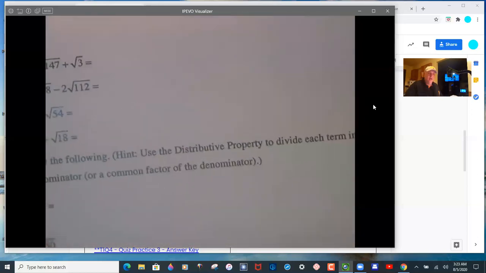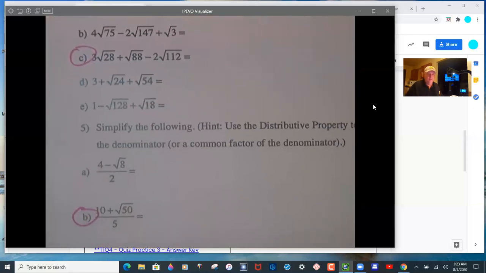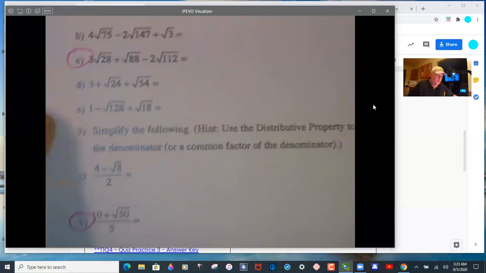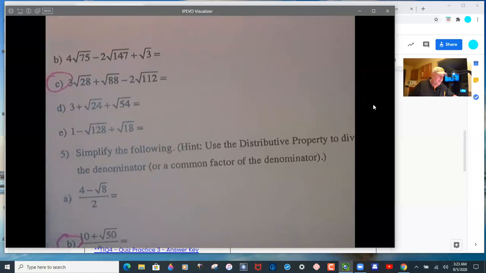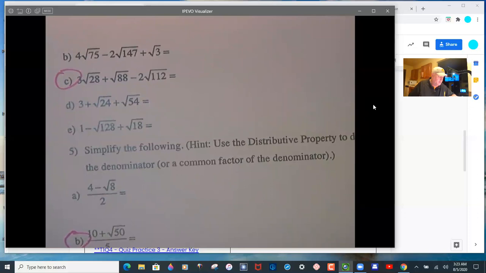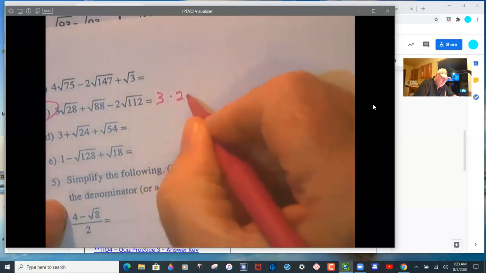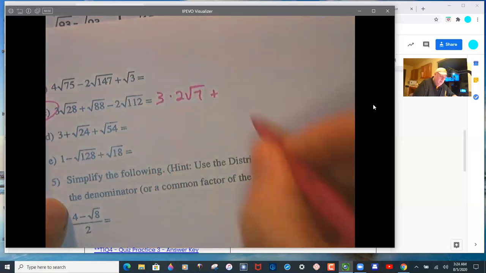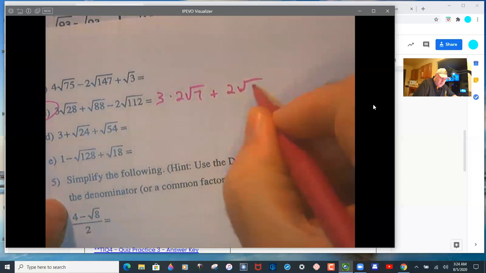So I'm just hopping around giving you a variety of problems that need reducing. So square root of 28. Now I'm going to just go and look this up. That's 2 times the square root of 7. Square root of 88 is 2 times the square root of 22.